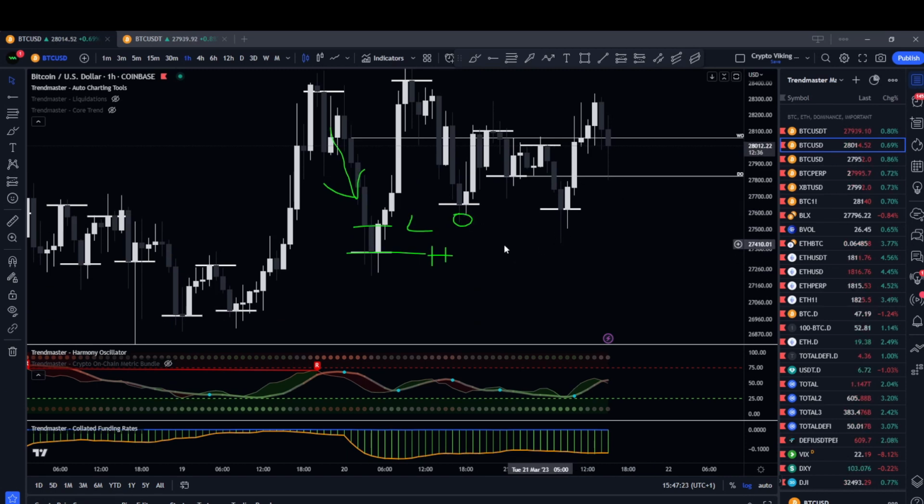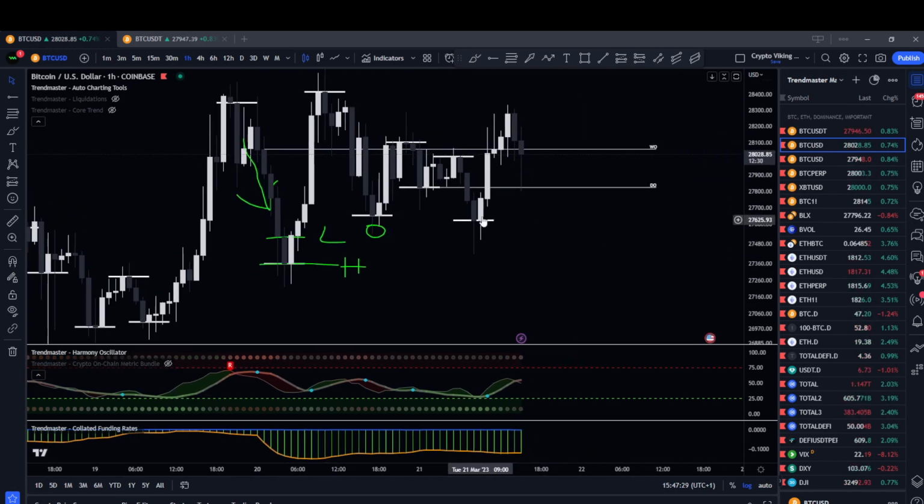Price here is still testing the low of the swing, not breaking it, not testing the high yet. So we still have a good probability of reversal. And anytime you get into that zone, you're still looking for longs if the price is coming down and creates this swing, because we have a confirmation of a test that didn't fail the low, another low test which didn't fail the low.